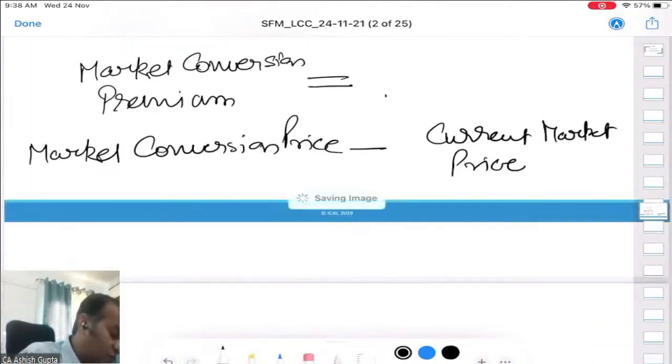Right, I think it is clear to you. Generally, it is expressed as a percentage.